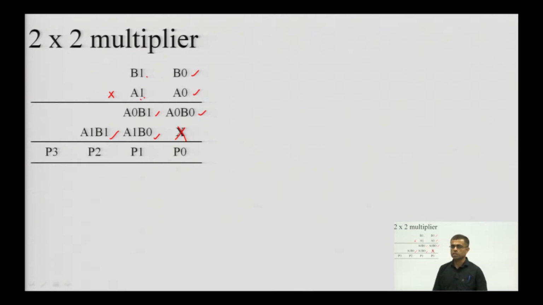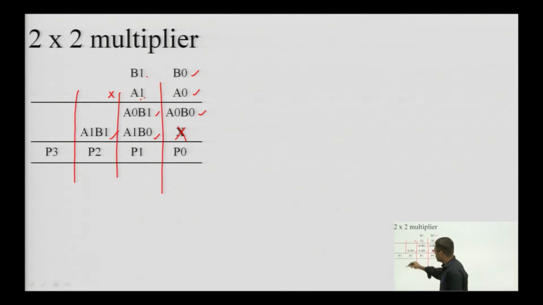All the products are generated, and then we have to perform the additions. In this case there is nothing to be added to a naught b naught, so that product will be used directly for the multiplication result, or we can say the product result. But a naught b 1 and a 1 b naught are to be added.